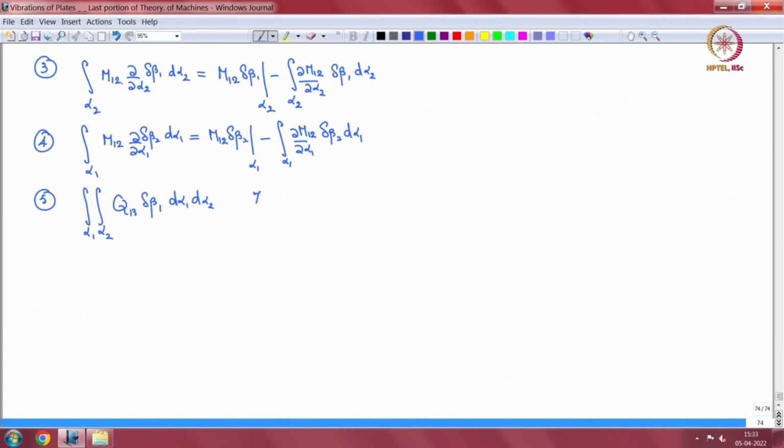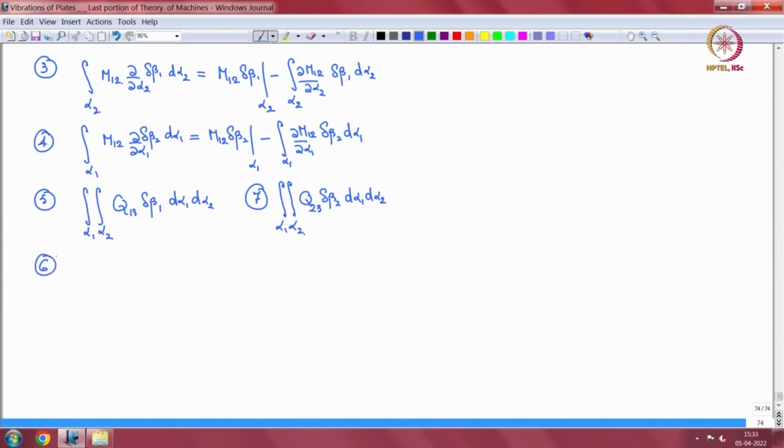Then number 7 is a similar term, alpha 1 integral alpha 2 q23 delta beta 2 d alpha 1 d alpha 2.